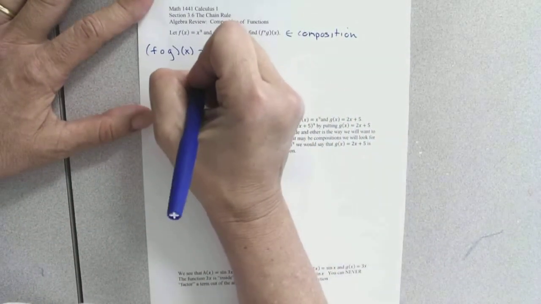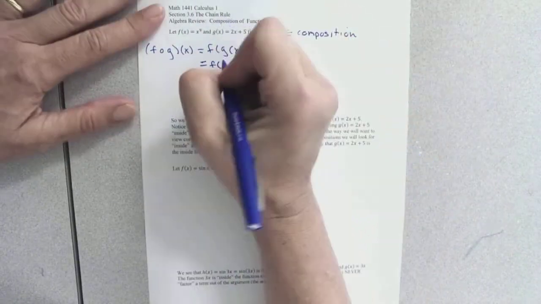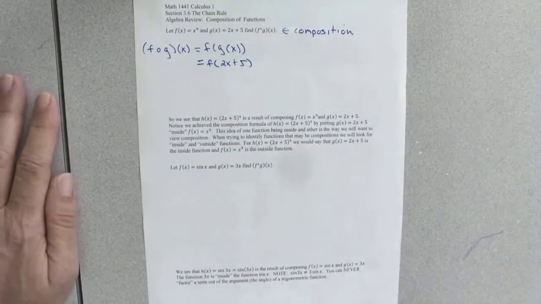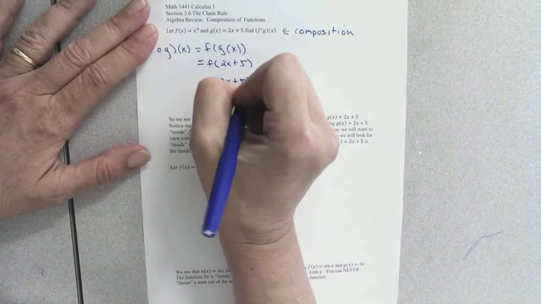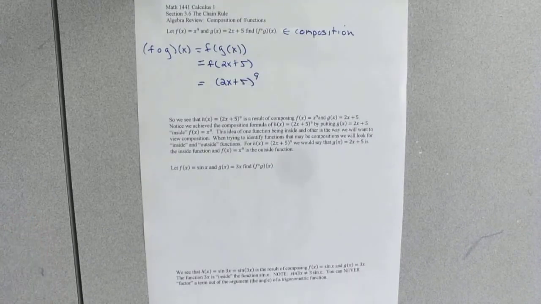So we start on the inside and replace whatever's on the inside, g of x this time, with its rule, which is 2x plus 5. Then we apply f's rule, replacing the x with whatever I have in parentheses, in this case 2x plus 5, and I get 2x plus 5 to the ninth. So there is the composition f of g.